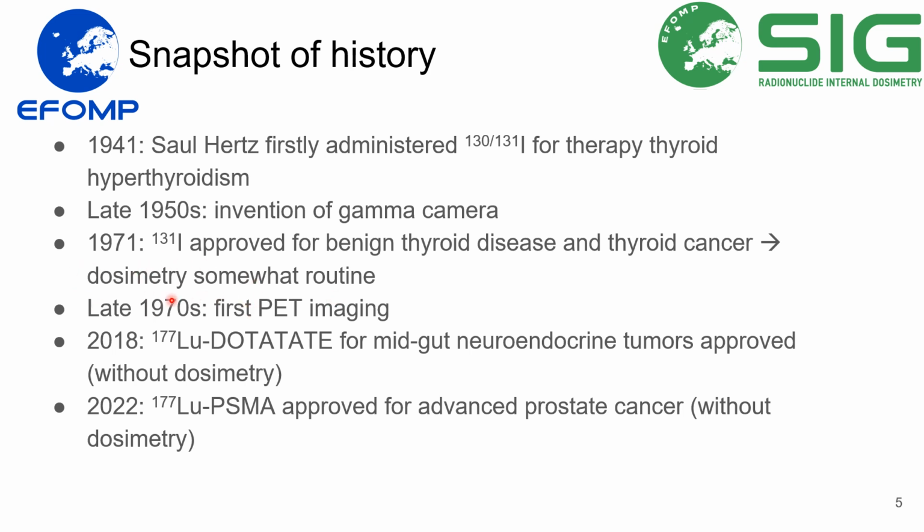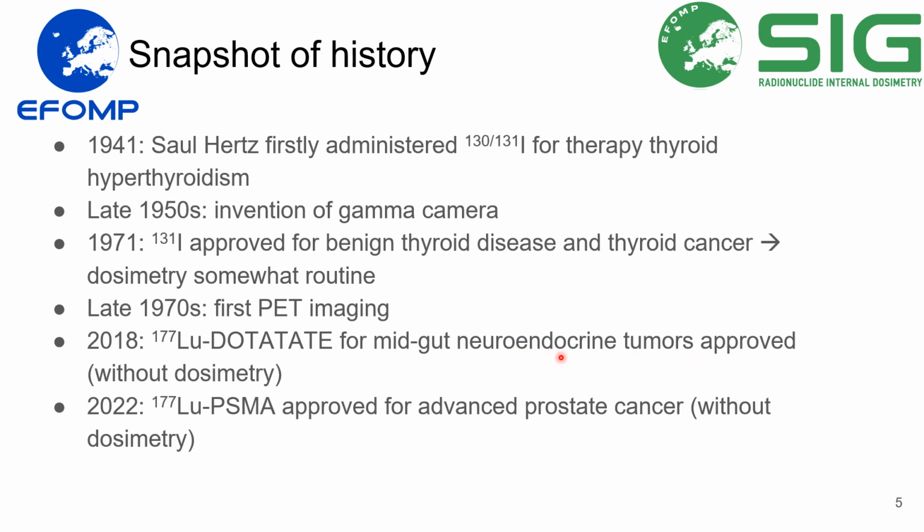In the late 1970s is when the first PET imaging was performed, but only in 2018 is when nuclear medicine started experiencing a revival. Revival in the sense that lutetium dotatate therapy got approved for mid-gut neuroendocrine tumors.